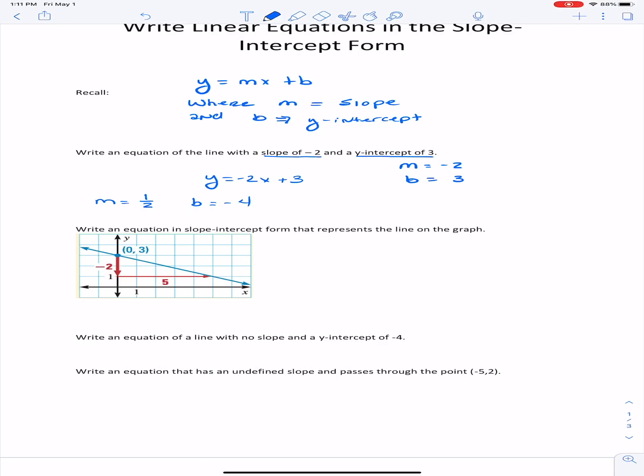So all I need to do is write my equation, y equals, and instead of putting my m in, I'm going to replace m with 1/2. My b in this situation is -4, but we don't write plus -4, we're going to make that minus 4. So this is the equation for a line that has a slope of 1/2 and a y-intercept of -4.